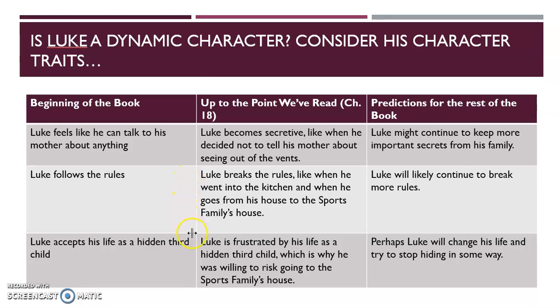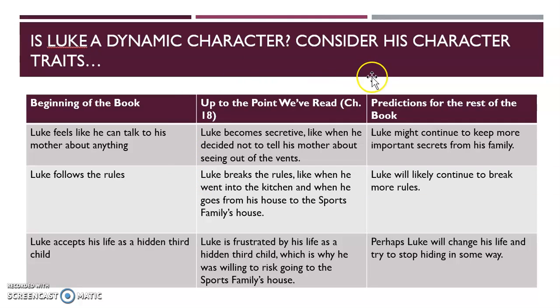Furthermore, although Luke accepted his life as a hidden third child in the beginning of the book, up to the point we've read now, we see Luke becoming increasingly frustrated by his life as a hidden third child, which is why he was willing to risk going to the sports family's house in the first place. All of these text evidence pieces are showing us as a reader that Luke is definitely a dynamic character.